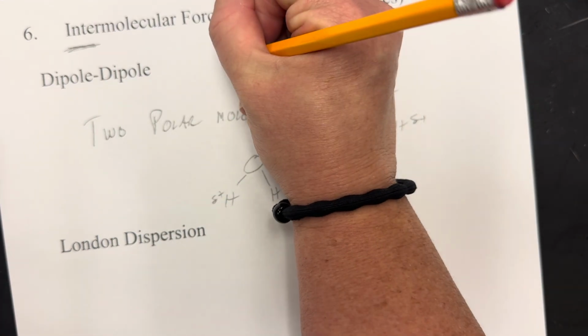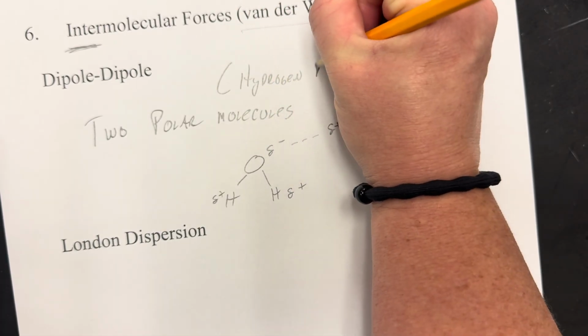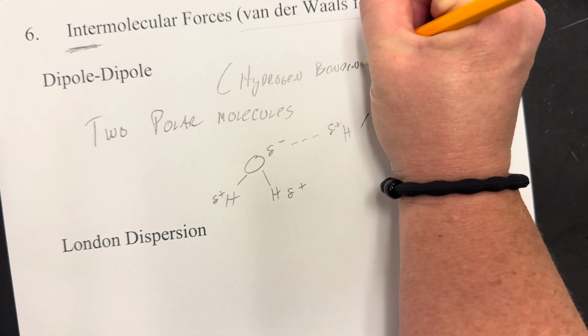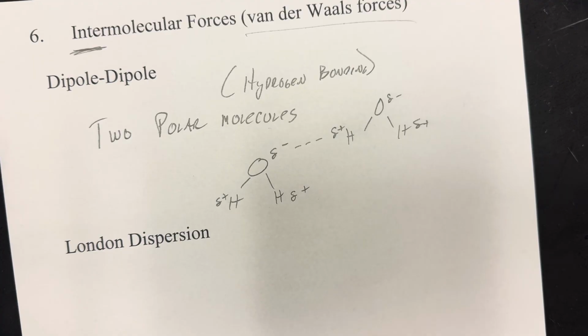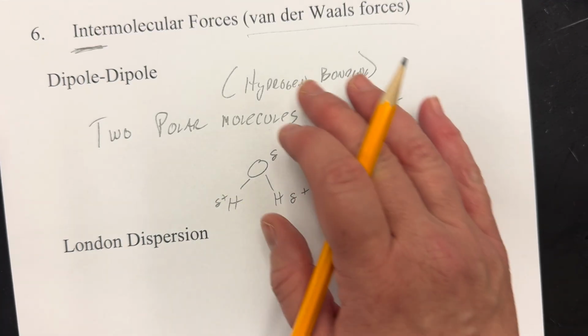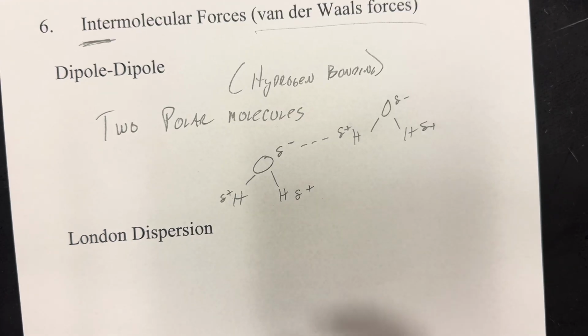Please remember that hydrogen bonding, worst name in chemistry, but nothing we can do about that, is a specific type of dipole-dipole force, where you have the strongest type of dipole-dipole force. So make sure that you're comfortable with hydrogen bonding.